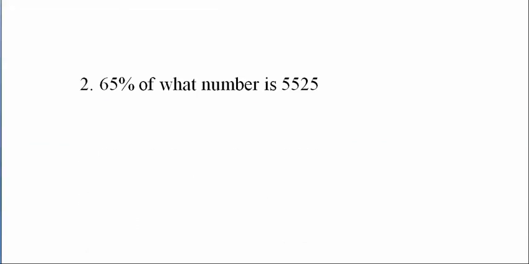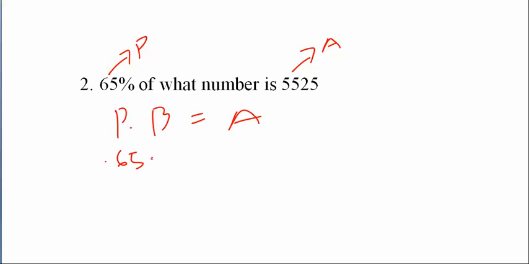Question number 2, 65% of what number is 5525? So already this is our P and this is our A. Our formula is P times B equals A. So it's 0.65 times B, our missing variable, equals 5525.